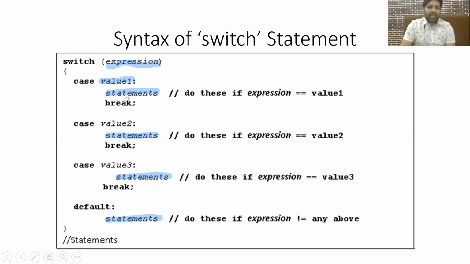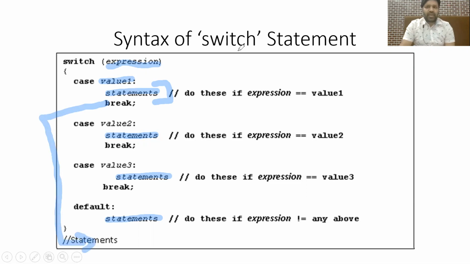So we need a break statement so that if the expression is equal to value 1, then after executing this set of statements, we can break from the switch control and come out of it.